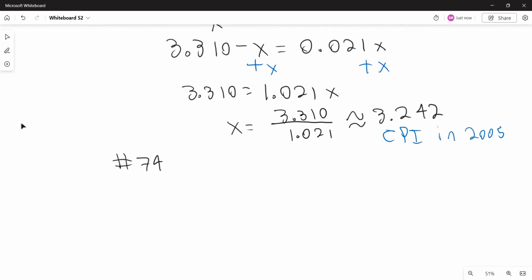Okay, so the percent of increase is the new consumer price index minus the old consumer price index over the old consumer price index.